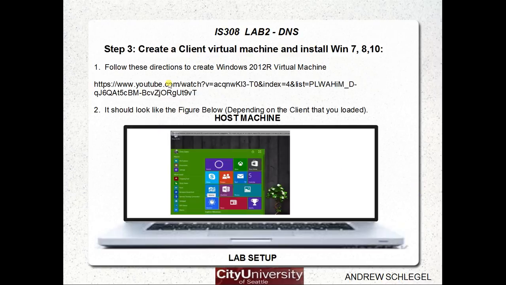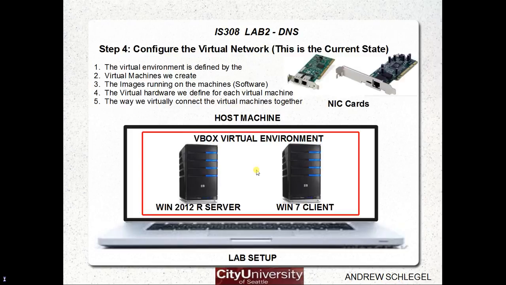Then after that, you just repeat. You want to load in your client. This will be your Windows 7 or Windows 8.1 machine. He used 10, so it should look like that when you get to the end.